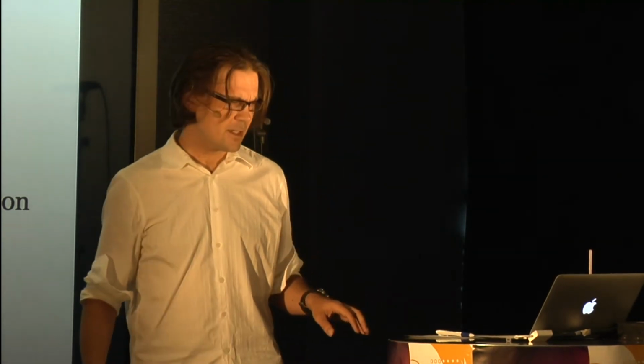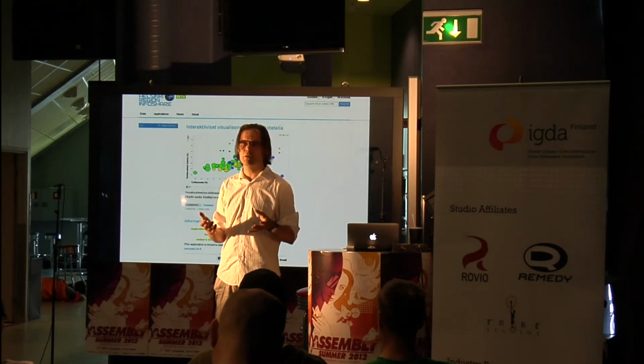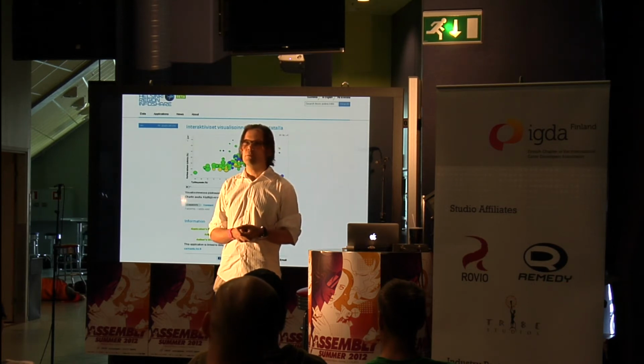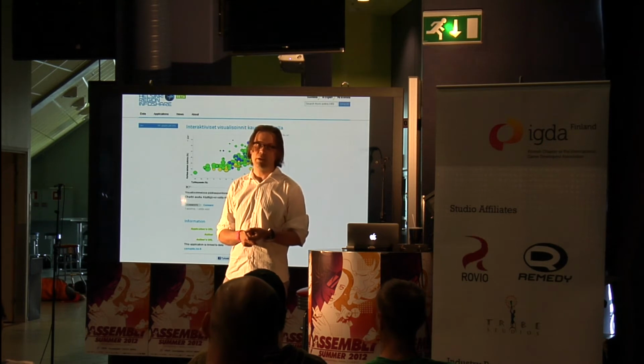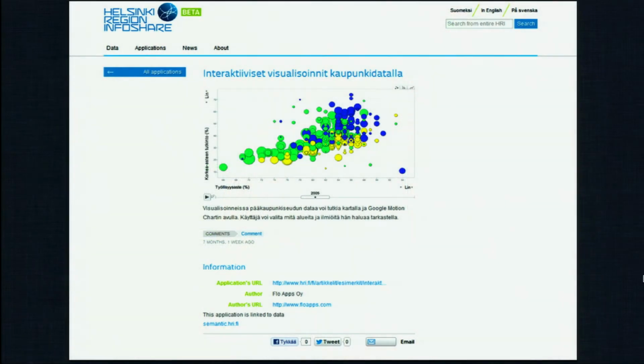First, a couple of examples of what we've been doing as far as data visualization goes. Actually, we got into visualizations by doing a couple of open data projects. We were incorporated back in 2008. Then in 2010, we wanted to find new ground to work in, and we got heavily involved in the Finnish open data scene.